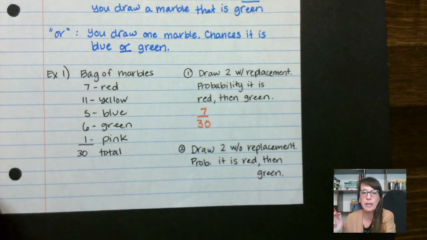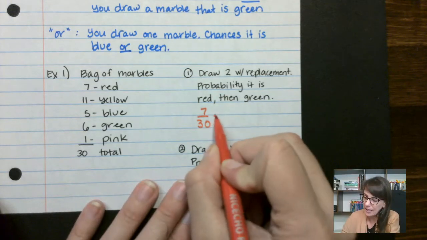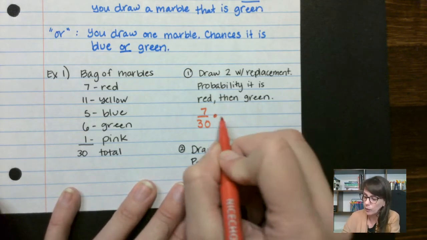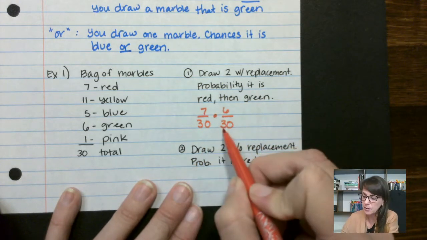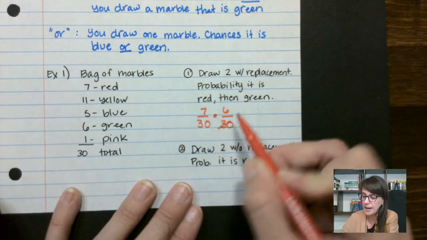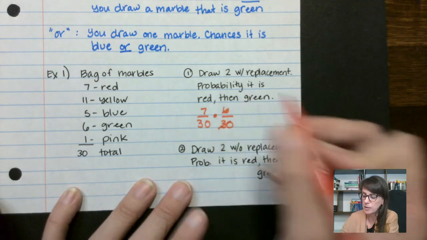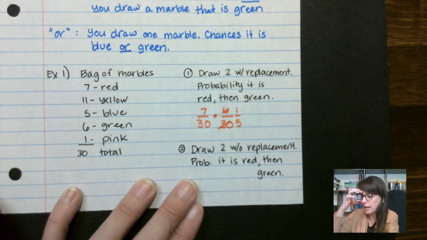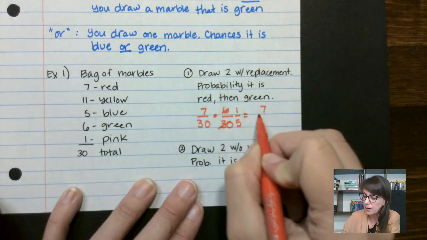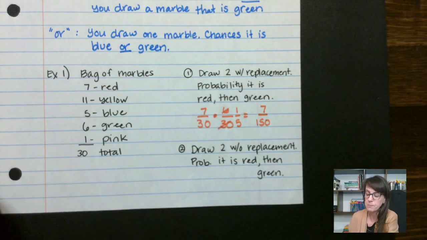And that we draw a green. So and means multiply. So we do a green, which is 6 out of 30. This can be reduced if we divide by 6, we get 1, divide by 6, we get 5. So that would give us 7 out of 150.